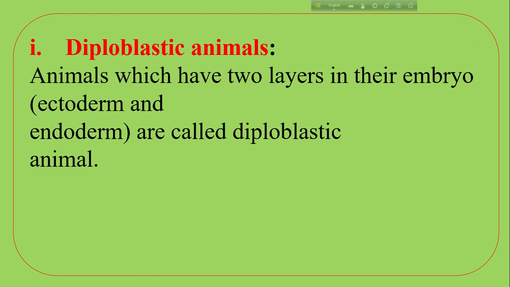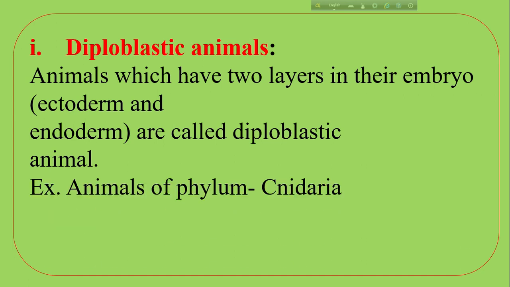During their embryonic condition, two layers are present. Number 1, ectoderm, number 2, endoderm. This type of animal is called diploblastic animal. Example, animals of phylum Cnidaria, that means jellyfish, hydra, etc.